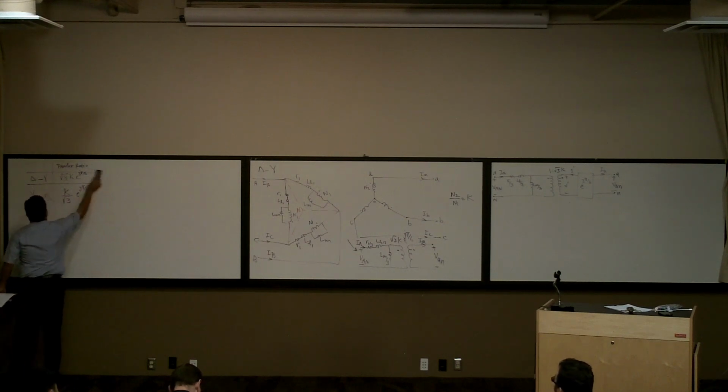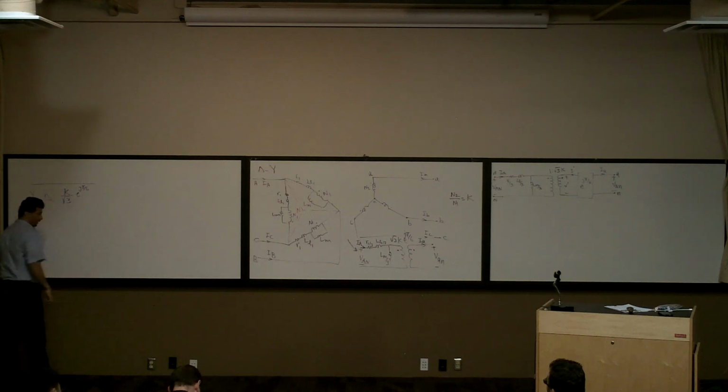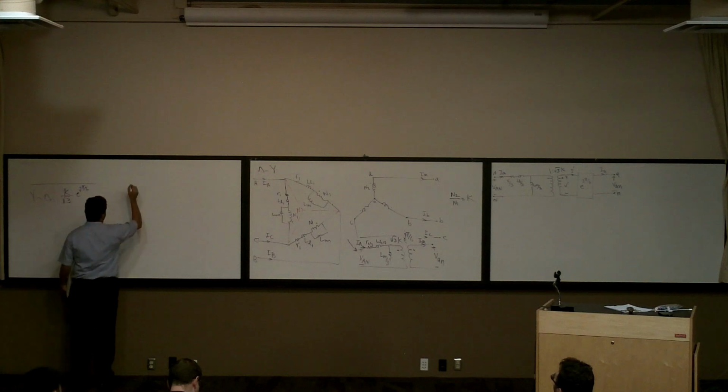So I'm going to arrange this one, just keep this one here. Y delta, right? So we are going to have this. Y delta is going to be like this.